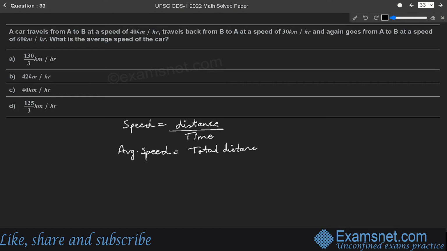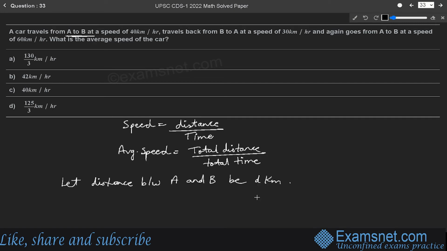So this is the formula for speed and average speed. Now let the distance between the 2 points A and B be d kilometer.